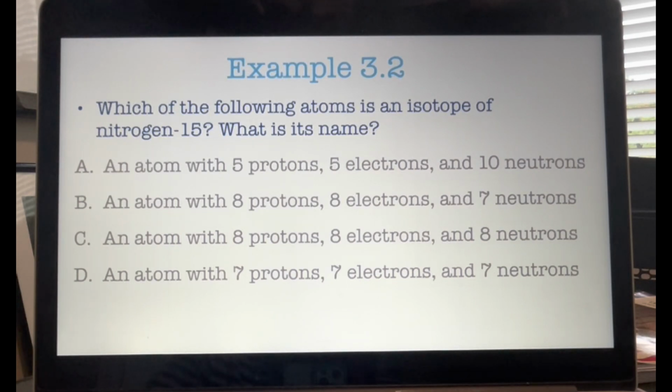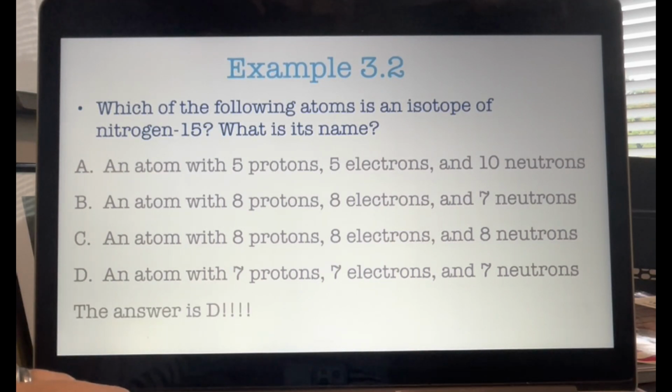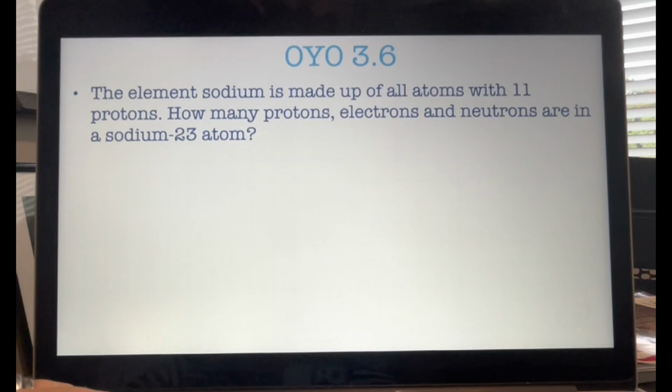Or is it D, an atom with 7 protons, 7 electrons, and 7 neutrons? All right, there's only one possible answer, and it has to be D, because we know that nitrogen, no matter what, has 7 protons. So the answer is D, an atom with 7 protons, 7 electrons, and 7 neutrons would be an isotope of nitrogen 15.